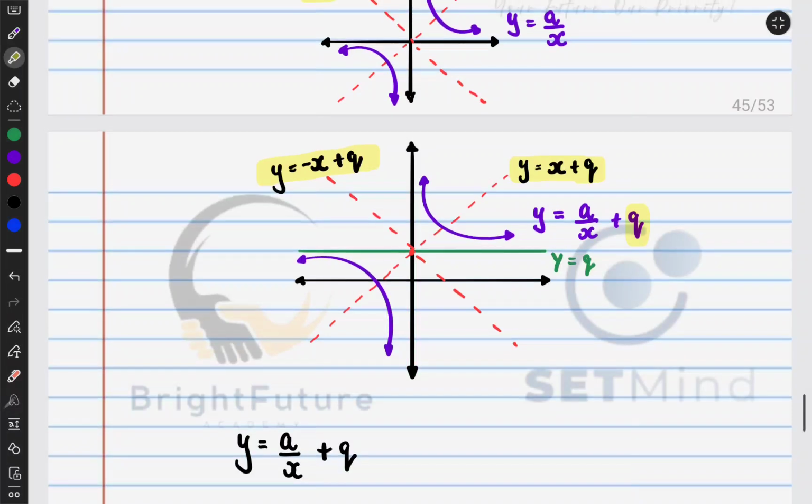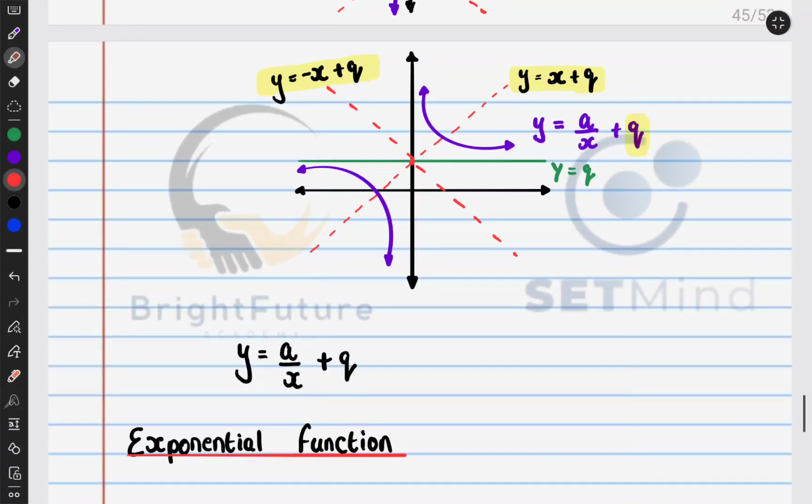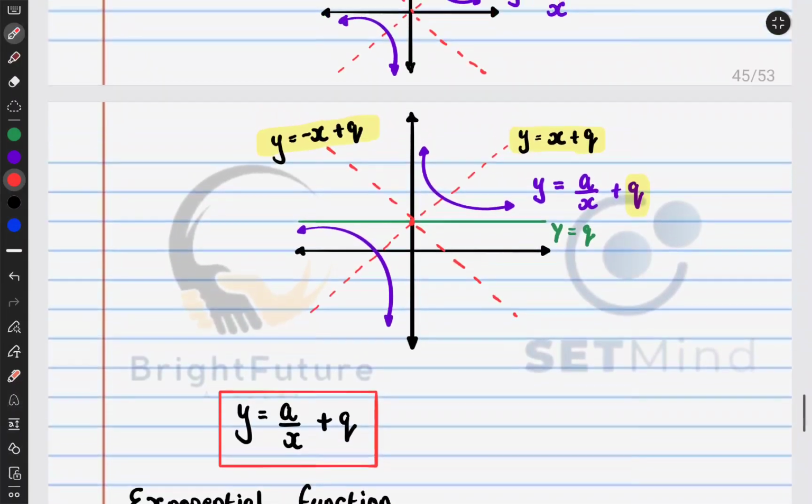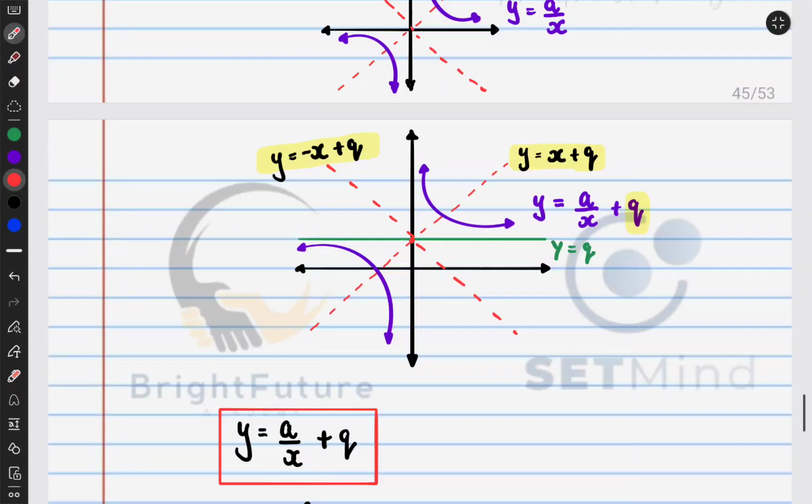And then remember that the standard equation for the hyperbola is y is equal to a over x plus q. If you remember, the a represents the vertical stretch of the function, or how far the function is stretched from the x-axis.